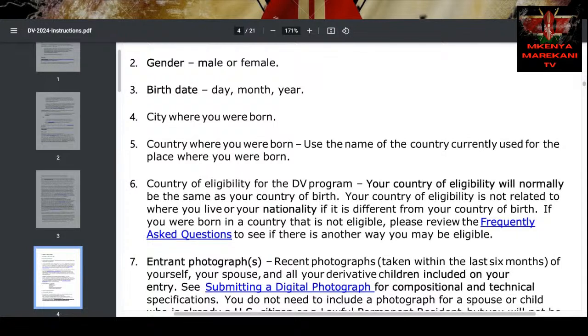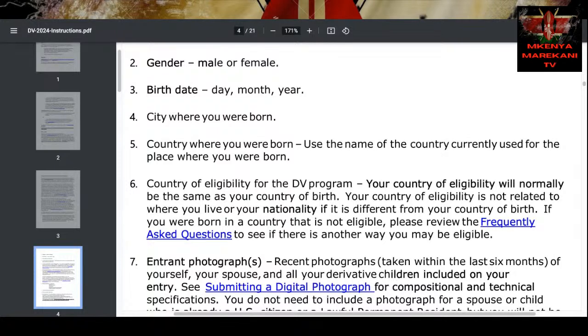And then city where you're born. I've had some people have questions with this. City where you're born doesn't necessarily mean a formal city, because every place has a nearest city. If you live in the outskirts of Nakuru, then Nakuru becomes your city.